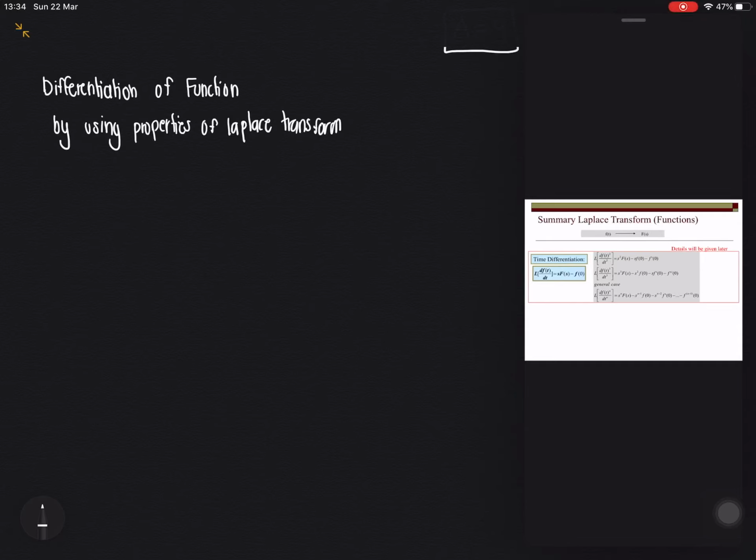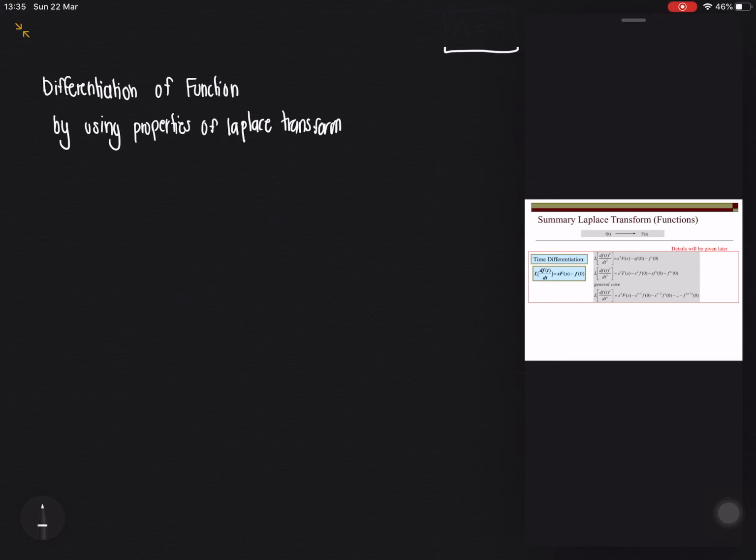Hi guys, next we will talk about the differentiation of functions by using the properties of the Laplace transform. As you can see in the slide here, I have the time differentiation property.